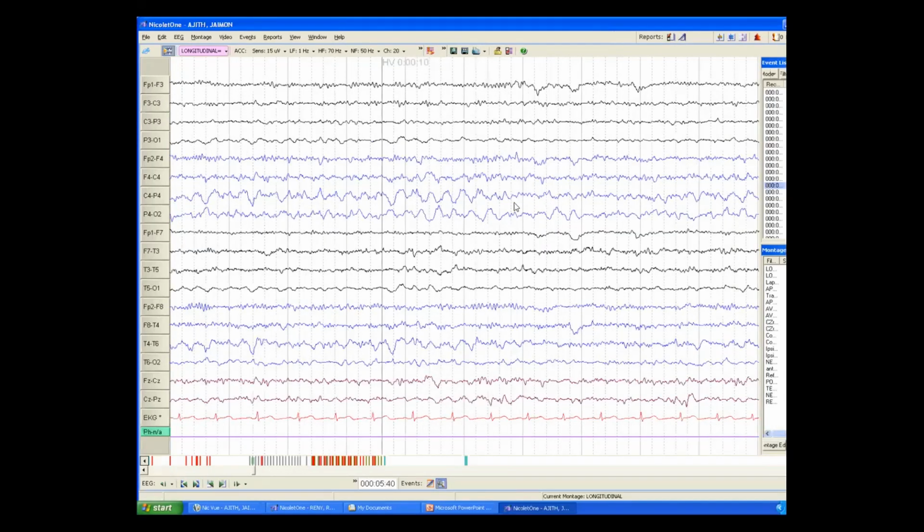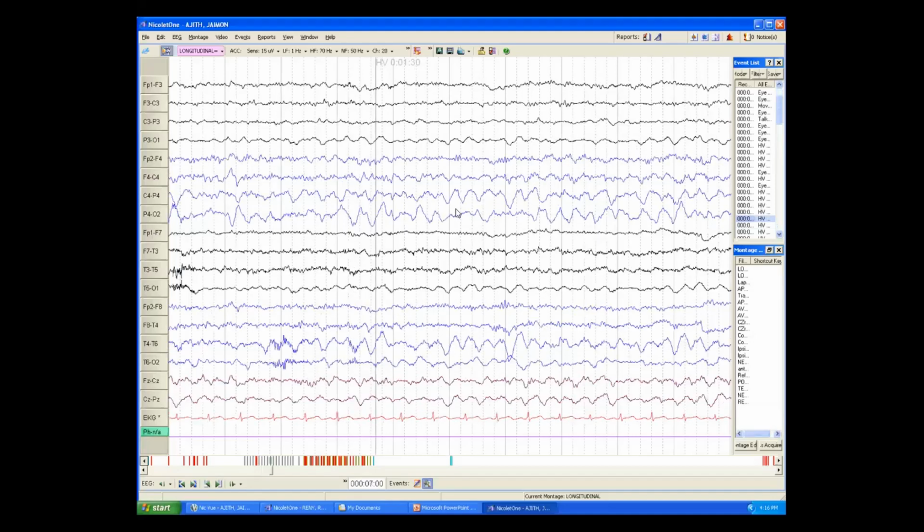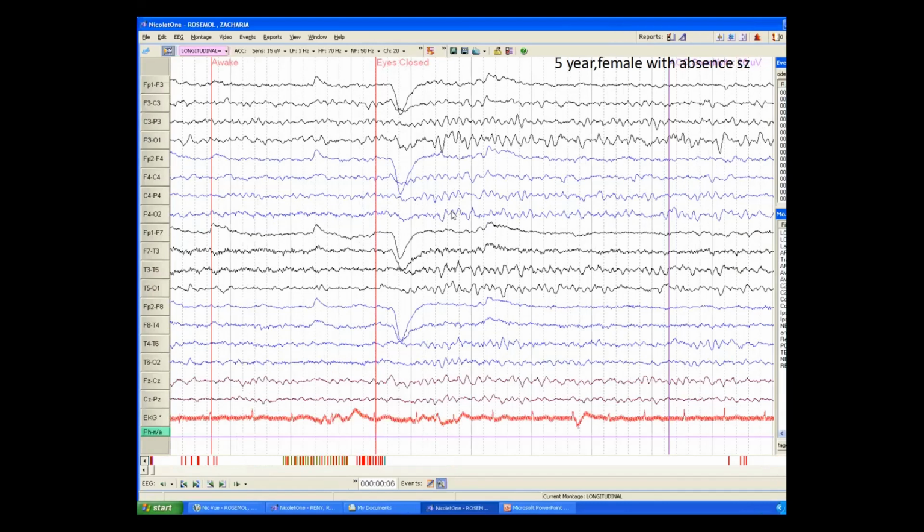And you can see that there is further build-up. Can you see the beautiful build-up of further slow wave activity in the right posterior region at 50 seconds? So this is a focal slowing in an abnormal brain with a right posterior lesion. This is not normal and is restricted to the right occipital region. Now at 1 minute, you can see the slow wave persisting in the right posterior region.